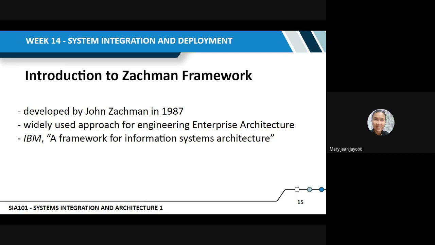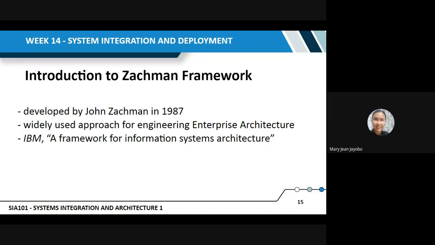No, good example is the Zachman framework. So, developed by John Zachman in 1987, and it is a widely used approach for engineering enterprise architecture, or IBM, a framework for information system architecture.